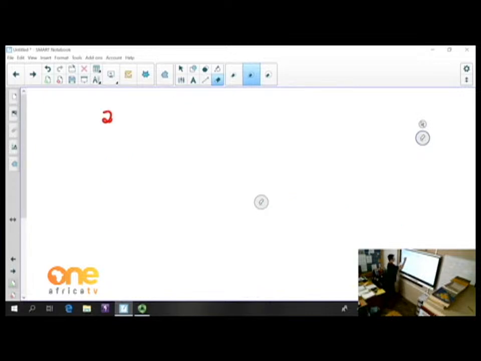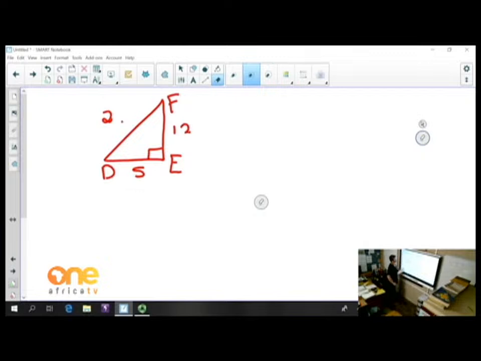Number 2. So again, I have a right-angled triangle. We have to label them, otherwise we won't know where is which angle. So that one is E. This one will then be D, and that one will be F. D, E, F. So DE is 5, EF is 12, and we have to find this one.